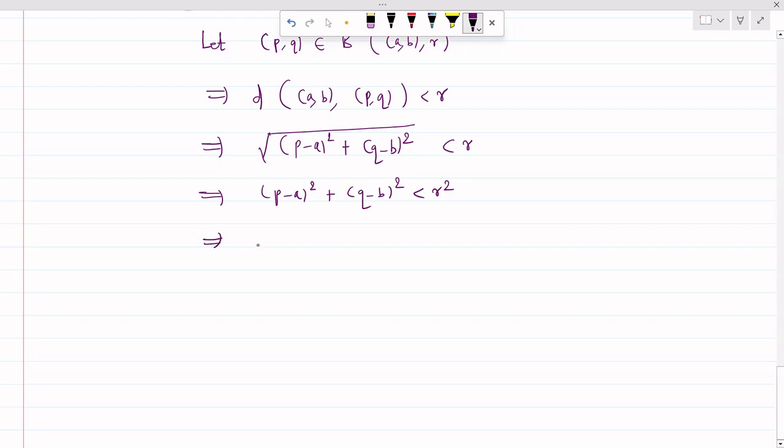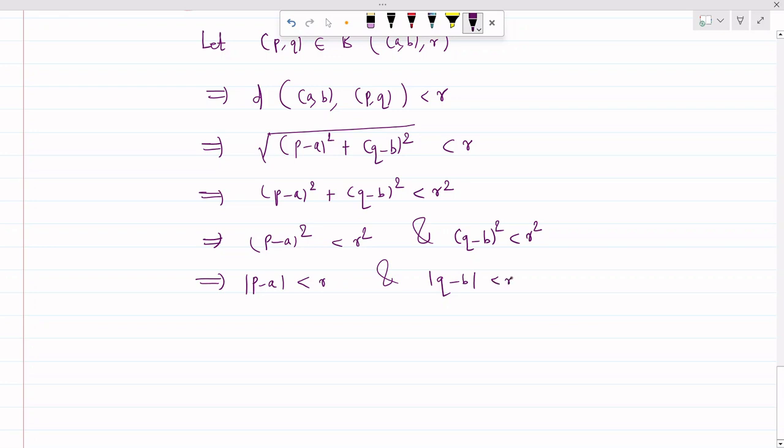As we have done in the previous example, the first example, we can write here that (p minus a) squared is less than r squared and (q minus b) squared is less than r squared. So that implies mod of (p minus a) is less than r and mod of (q minus b) is less than r. But in general, whenever mod of x is less than or equal to a, we can simply write: if x is positive, x is less than or equal to a, and if minus x is less than or equal to a, so if we change the side, x is greater than or equal to minus a. So basically minus a is less than or equal to x, which is less than or equal to a, in general.